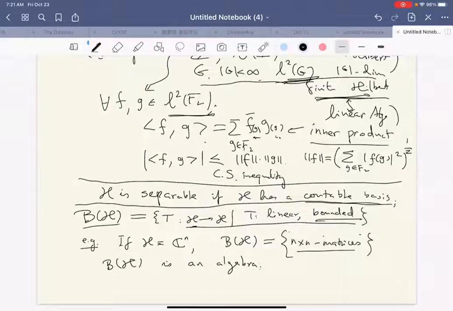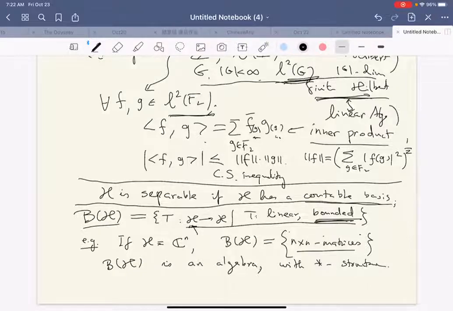The notion of boundedness is introduced specifically for dealing with the infinite dimensional situation, because in the finite dimensional case, all the linear operators are bounded. So B of H is an algebra, and also with a star structure. So what is the star structure?